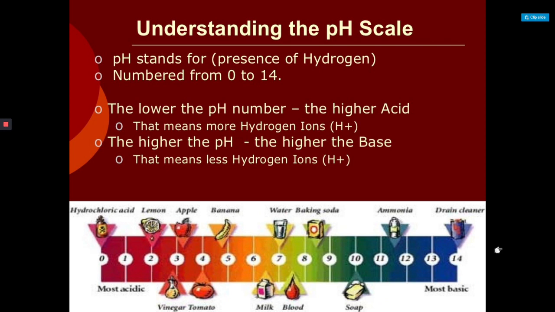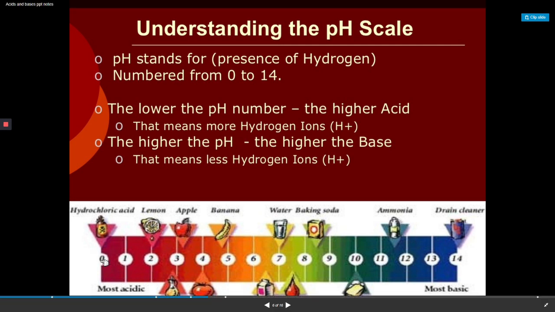Understanding the pH scale. pH stands for power of hydrogen, presence of hydrogen, or potential of hydrogen. There are many names for it. The pH scale actually consists of 0, 1, 2, 3, 4, 5, 6, 7 is neutral, that's why it's water, and then 8, 9, 10, 11, 12, 13, 14.